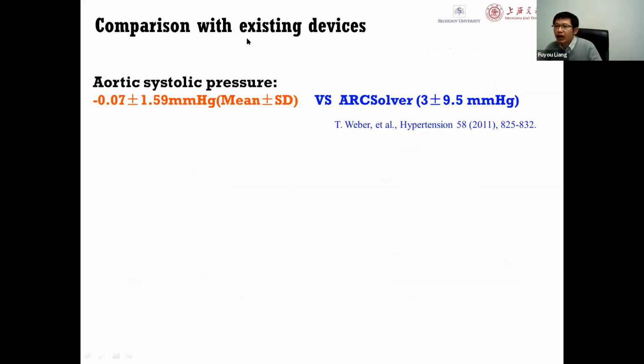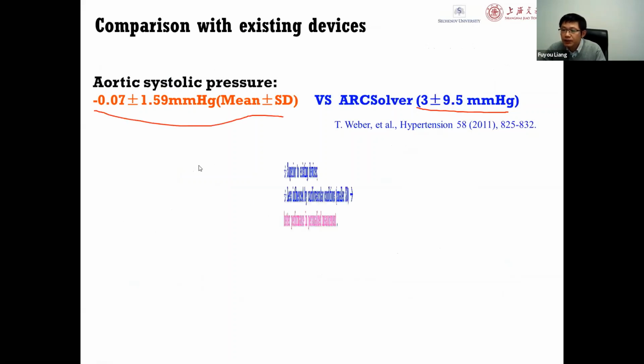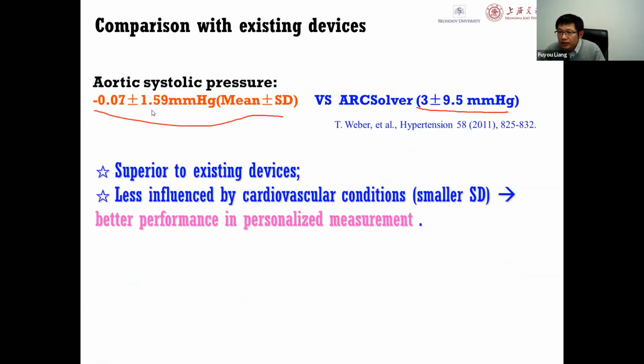So when we compare our errors with the errors of other existing devices, you can see our error is here, and some other existing device on the market, for example ARC Solver, their error is in this range. These are ours. Please note that not only is the mean value of our errors lower than 3, but also the SD, the standard deviation, is much smaller than the existing device.